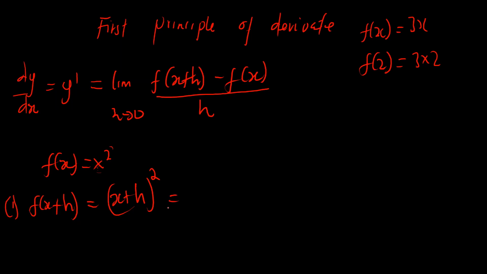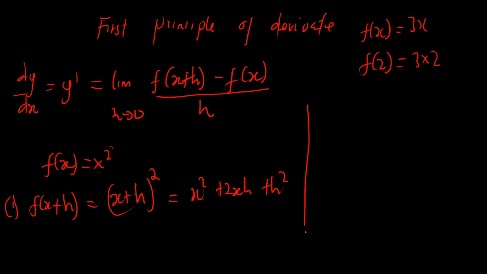And this becomes x squared plus 2xh plus h squared. If you expand this, this is what you are going to obtain. Now we have f of x plus h, we have f of x. Now we can put it back into the first principle of derivative formula.